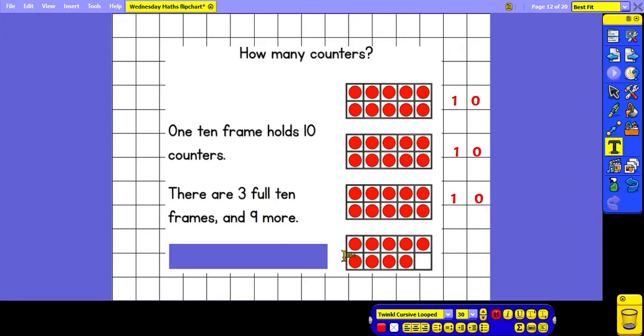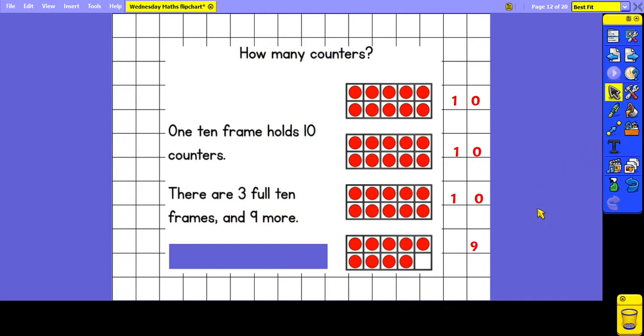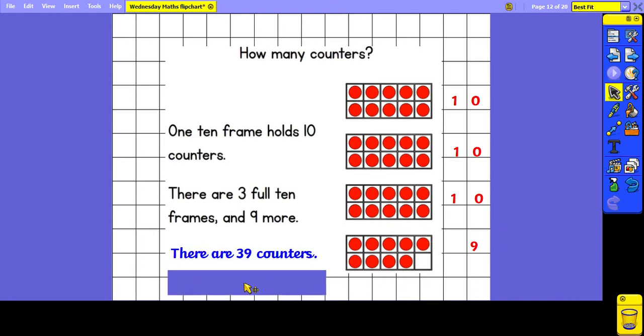And in the final 10 frame, there are 9 more. Okay, so how many counters are there altogether? Well, there's 10, 20, 30, and another 9, so 39 in total.